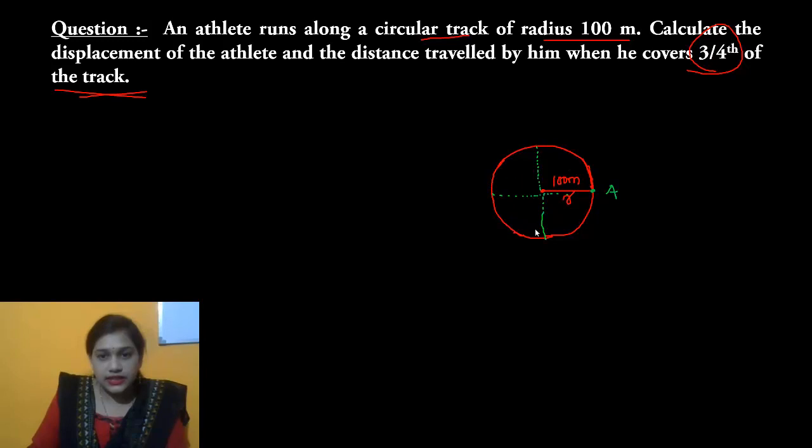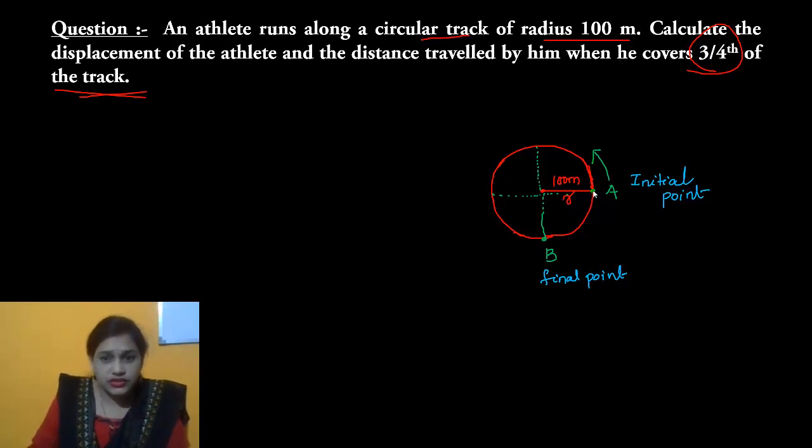Total he covers 3/4 of the circle and his final position is at B. A point is his initial position and this B point is the final point. So this is our diagram. So the question is, find out his distance and displacement.